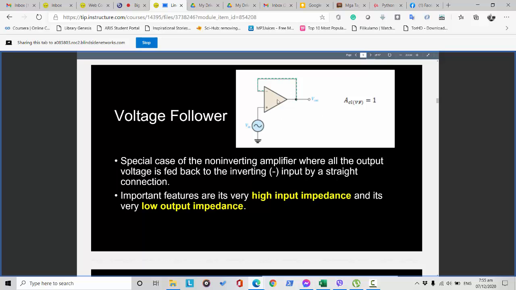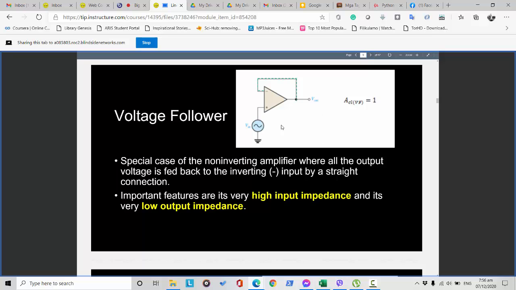However, in this illustration, you will see that the inverting input is connected to the output. The load is connected to the non-inverting input of the amplifier, and the inverting input of the amplifier is connected to its output.